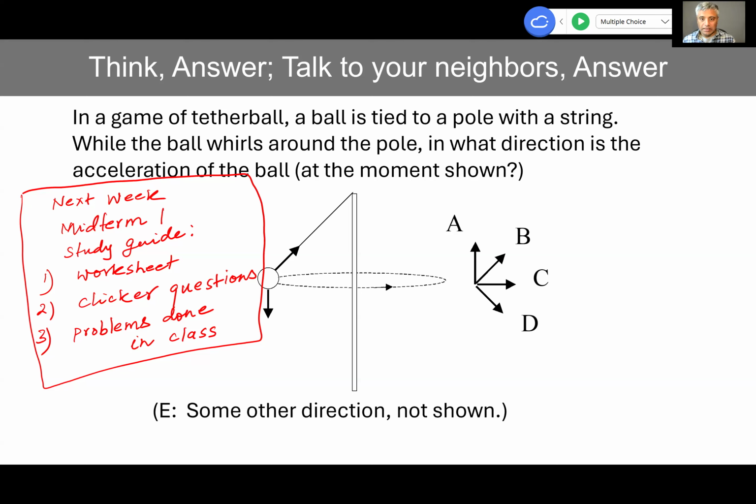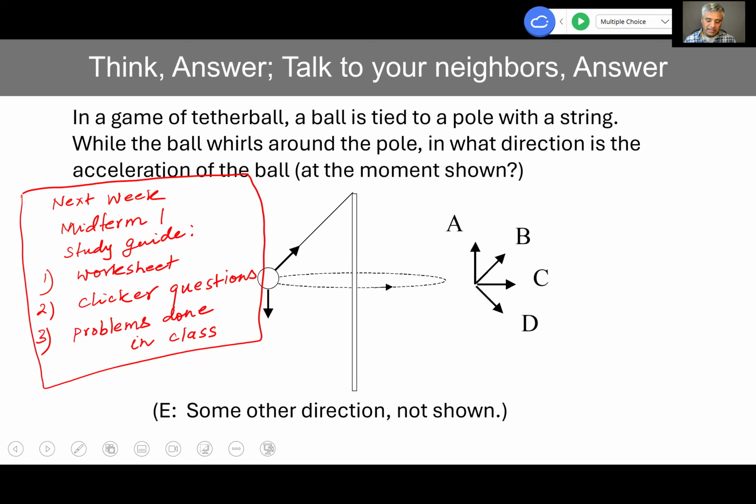So in a week, we have a midterm, the first midterm, and it will have questions similar to what you see in the clicker questions. Mostly all of them are going to be multiple choice, but to answer some of the questions, you have to do the math.